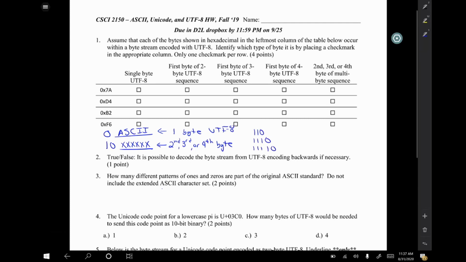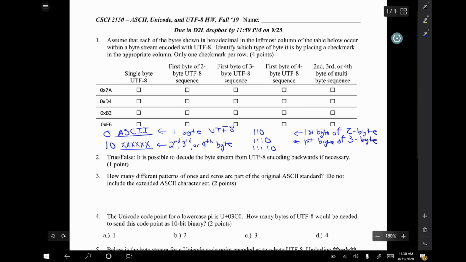Now, these represent the first byte of a multi-byte sequence. If we start with 1, 1, 0, that'll be the first byte of a 2-byte sequence. If we start with 1, 1, 1, 0, it's the first byte of a 3-byte sequence.